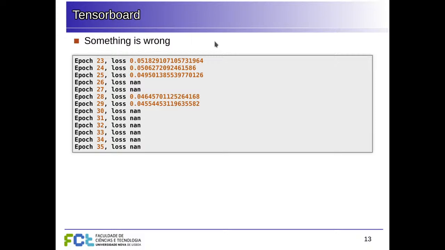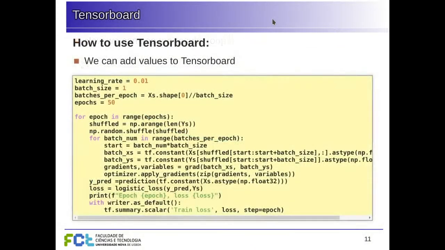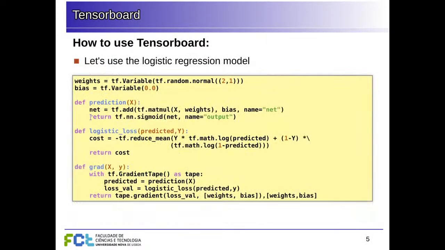So this is one tricky thing when you're writing loss functions by yourself, because they may not be optimized for numerical stability. And the problem here is this one. We are taking the logarithm of predictions, and the predictions are the output of the sigmoid function. So this comes from the prediction of our model, that is a neuron with a sigmoid activation.